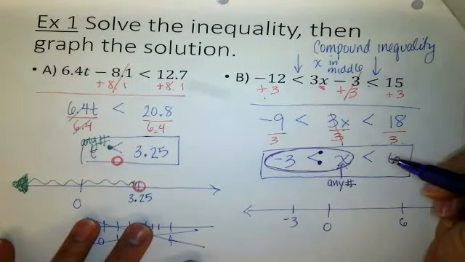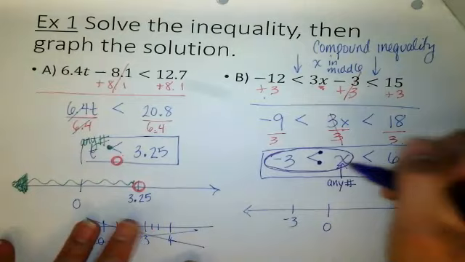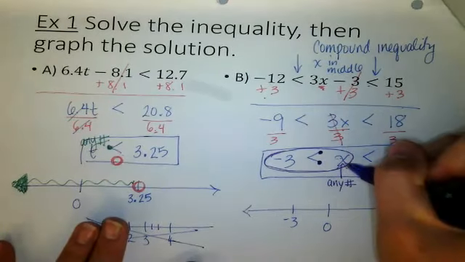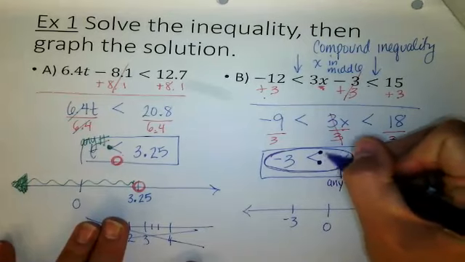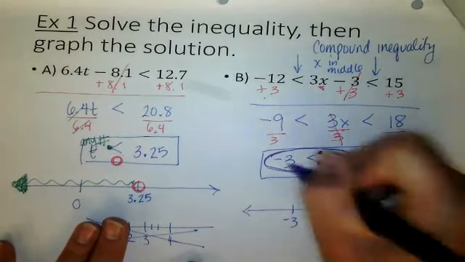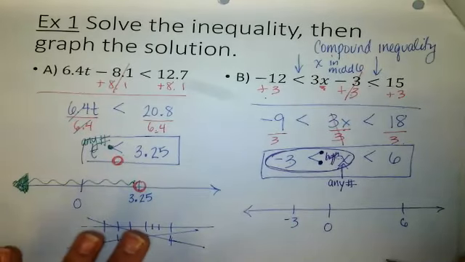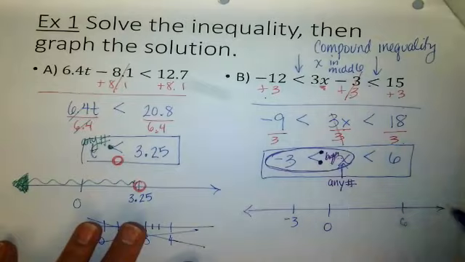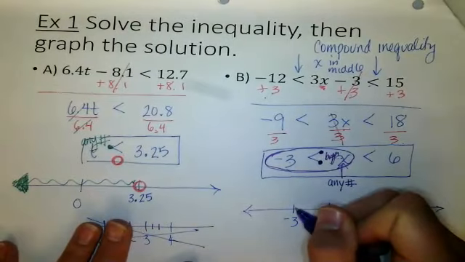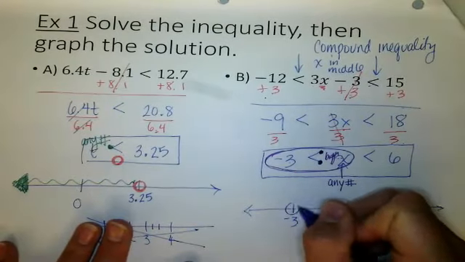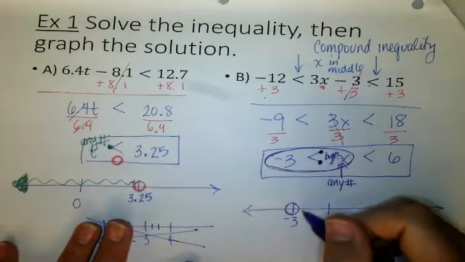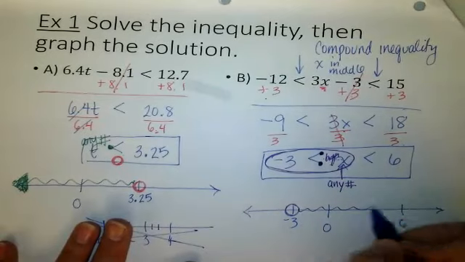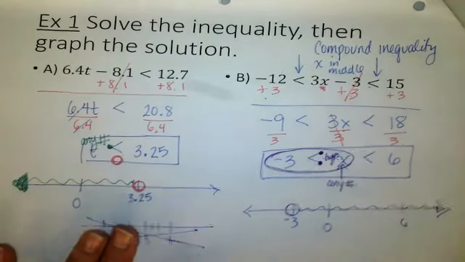The big side, the open big side. You see it? My variable is closest to there, the big ends here. So we say any number greater, any number bigger than -3. Where are the numbers bigger than -3? To the right of -3. We're going to use an open or closed circle at -3. Open circle. And we want any number bigger than -3, and bigger would be to the right. So we're going to shade that to the right.